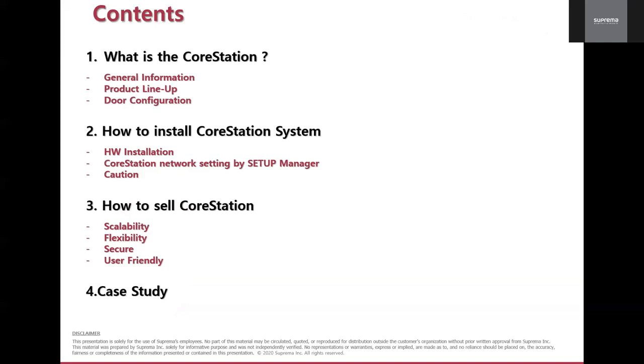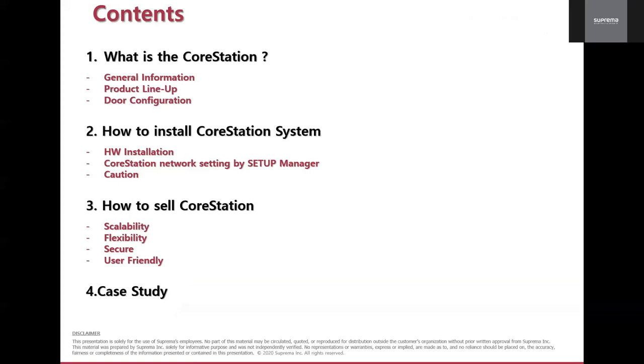Today, we have 4 topics that we're going to go through. It's broken down into what is the CoreStation: the general information about the CoreStation, the part lineup that goes along with it, and also door configuration. Then moving on to how to install the CoreStation system: hardware installation, and CoreStation network settings by the setup manager.